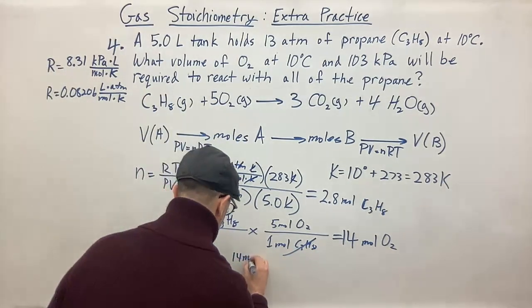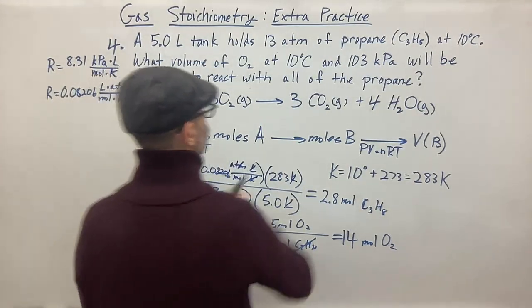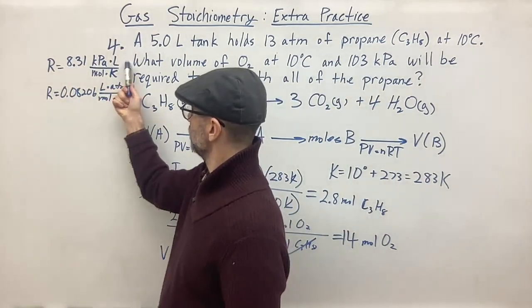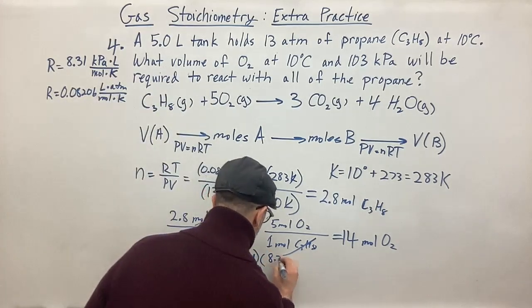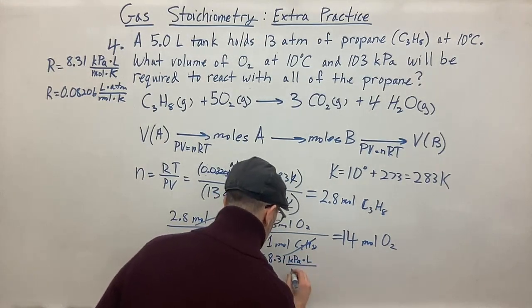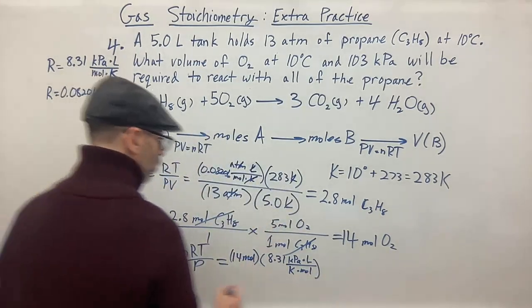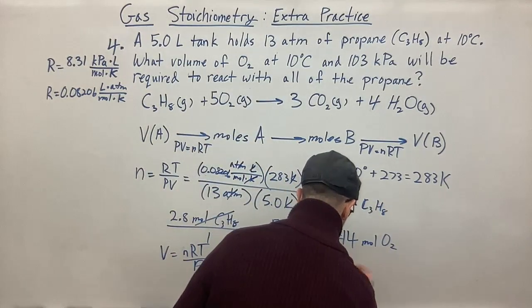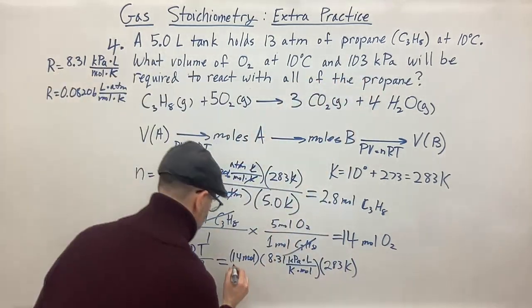So that's going to be 14 moles multiplied by R. Now, since I have kilopascals, I can use 8.31 kilopascal liters over mole Kelvin for my R. So that's 8.31 kilopascal liter over Kelvin mole, and then multiplied by the temperature, which again is 283 Kelvin. And finally, the pressure, which is 103 kilopascals.